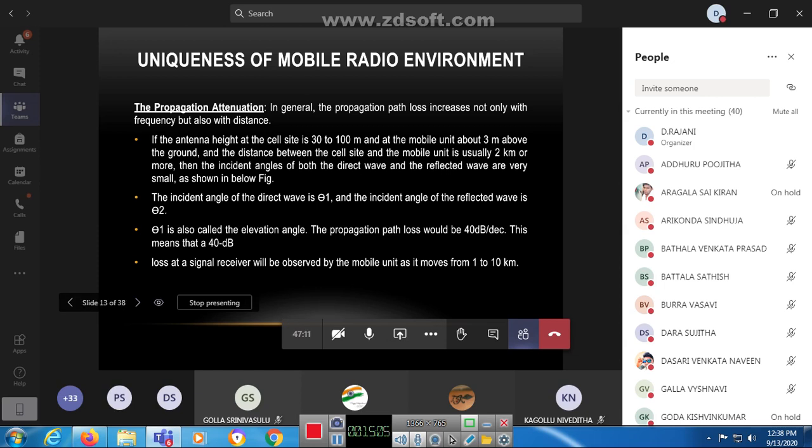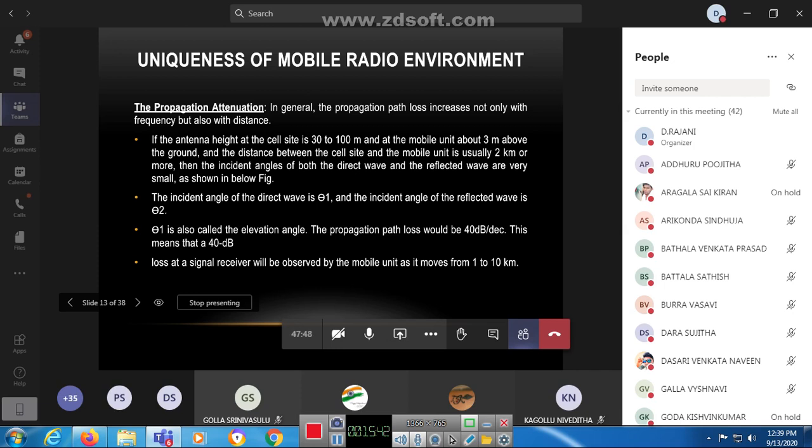First we can take the propagation attenuation. Generally, propagation path loss increases not only with the frequency but also with the distance. So we maintain the distance and the frequency, so that without loss of signals or loss of coverage area, we can propagate the signals.